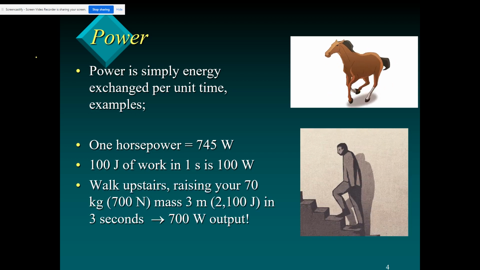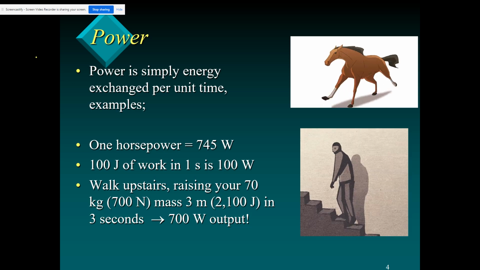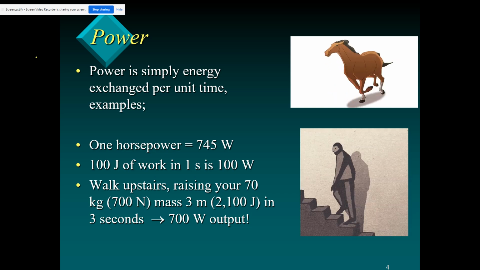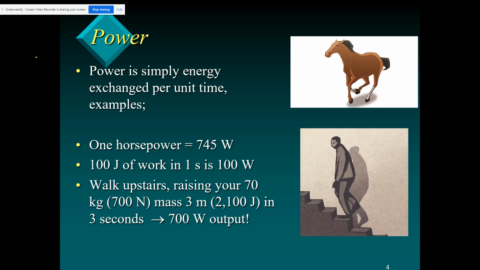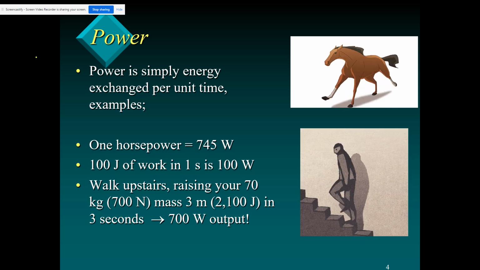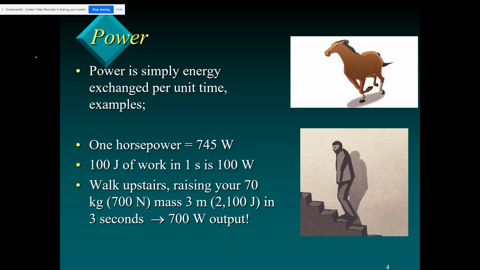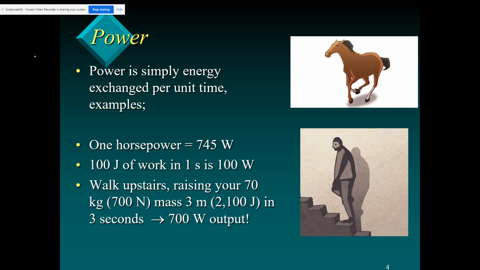Let's say you're walking up the stairs and your weight is 70 kilograms or 700 newtons. And you go up 3 meters. That means that you're doing 2,100 joules of work. And let's say it takes only 3 seconds. Well, that is equivalent to a 700 watt output.